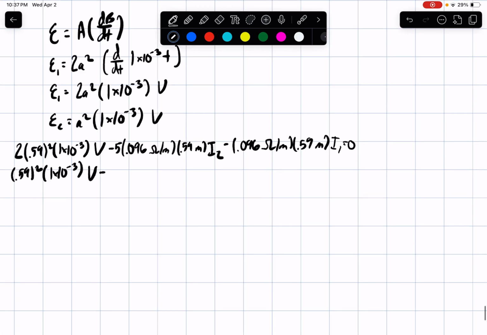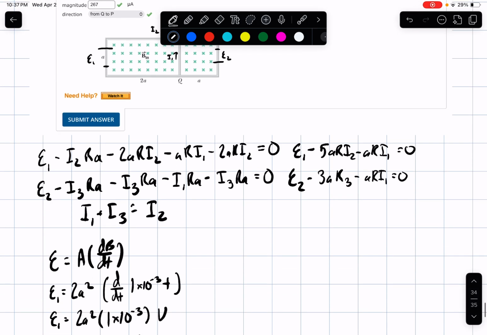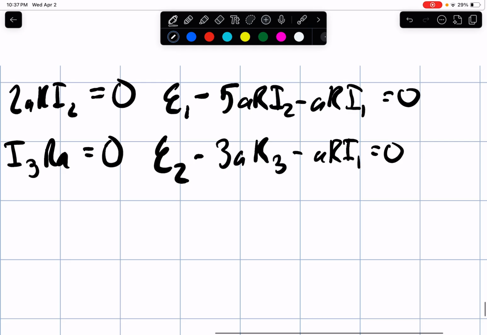So it would be 3 times R, which was 0.096 ohms per meter, times 0.59 meters. I'm missing variables here. This is RI3.